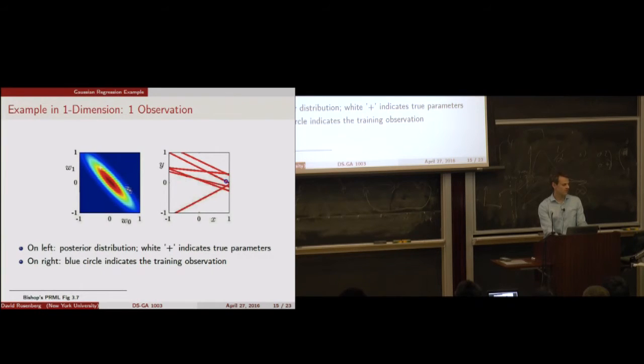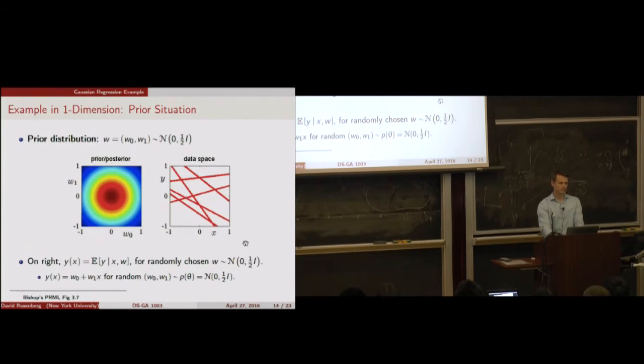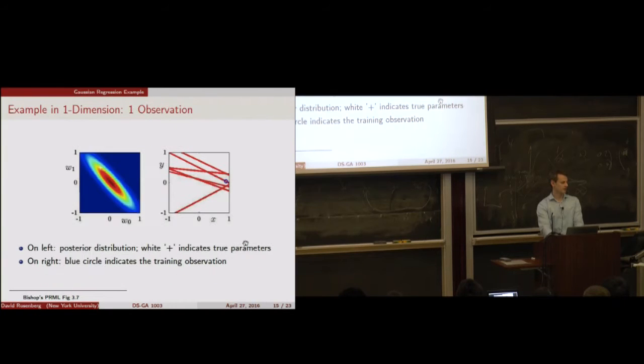You'll see there's a lot more uniformity to the prediction functions now than before. This is the prior, and this is the posterior after one observation. The blue circle is the single data point that we observed.